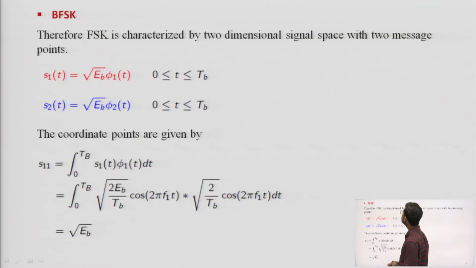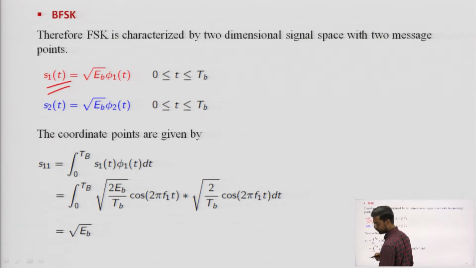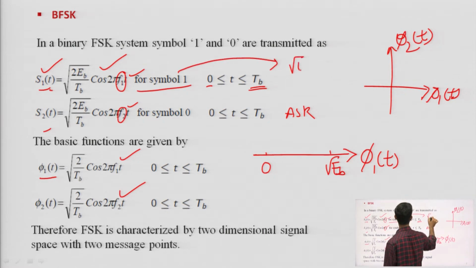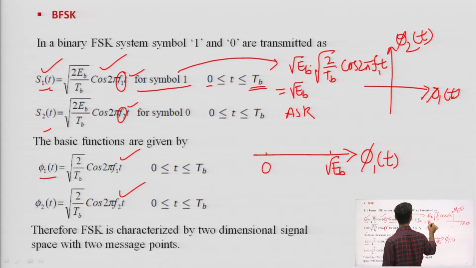FSK is characterized by a two dimensional signal space with two message points, that is S1(t) is root EB phi 1(t). We calculated this in ASK too. So S1(t) can be written as root EB multiplied by root(2 by TB) cos 2 pi F1 t, which is root EB phi 1(t).